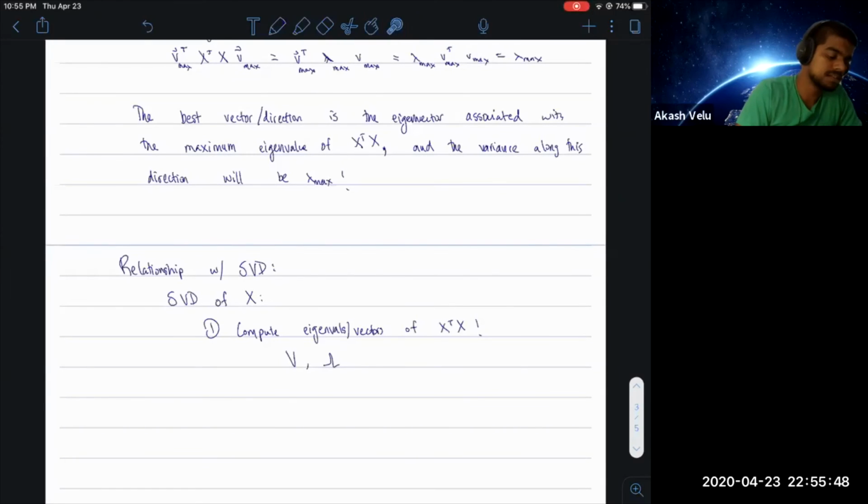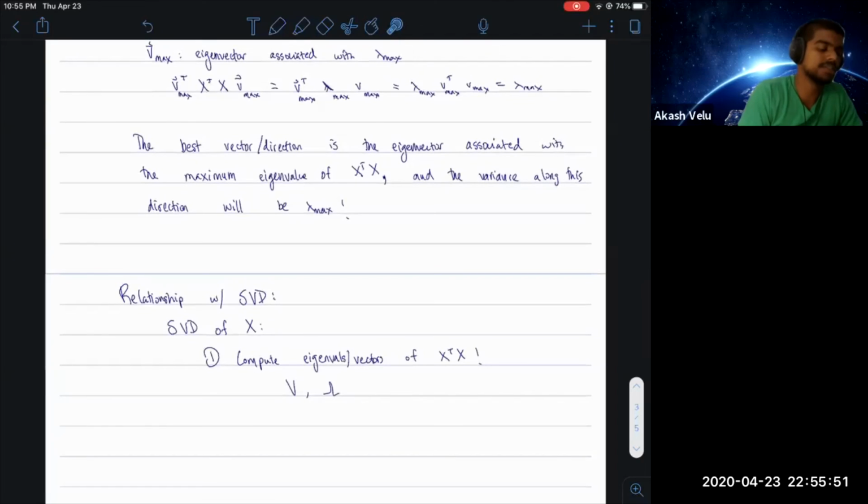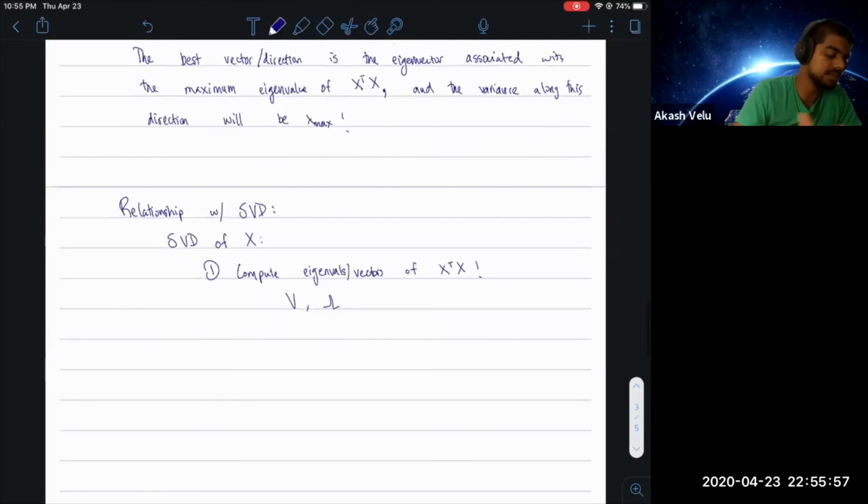Except we just derived that the best vector is the eigenvector associated with the maximal eigenvalue. So if we do the whole SVD of X and we do the X transpose X way, remember that you can also do XX transpose, but let's look at the X transpose X way, then you're going to get X equal to U sigma V transpose, where V transpose is V1, V2, all the way up to VD, right?